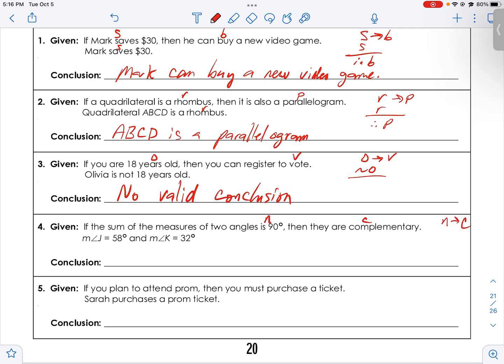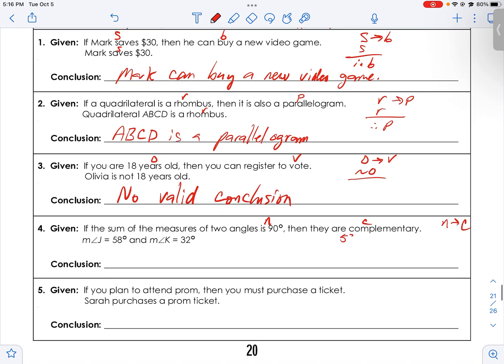So we know if N, then C. Let's see, what is 58 plus 32? 8 and 2 is 10. 5, 6, 7, 8, 9. They are 90, therefore we follow the arrow, we know C. Angle J and angle K are complementary.